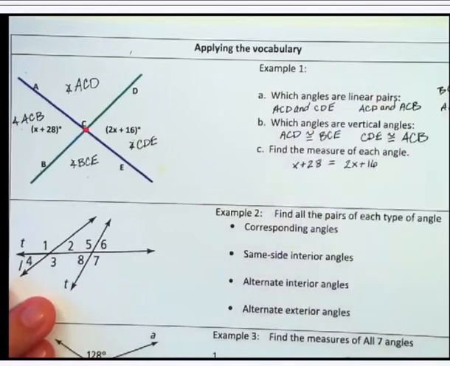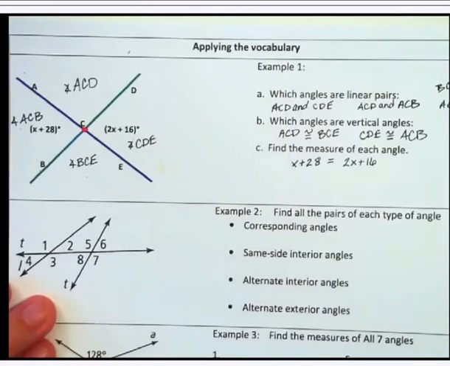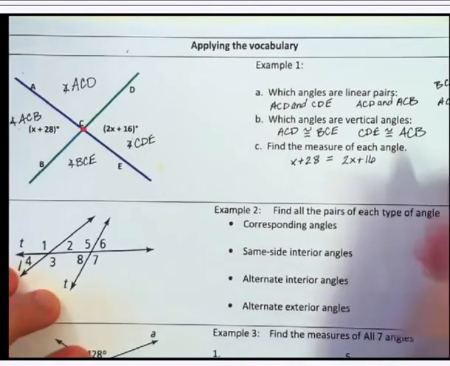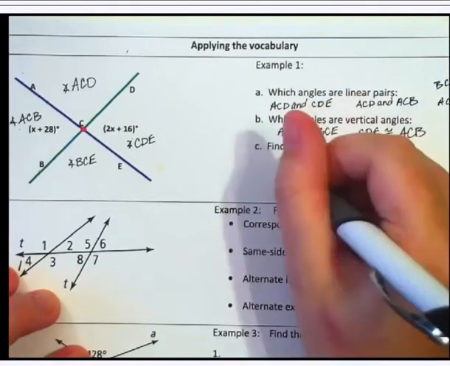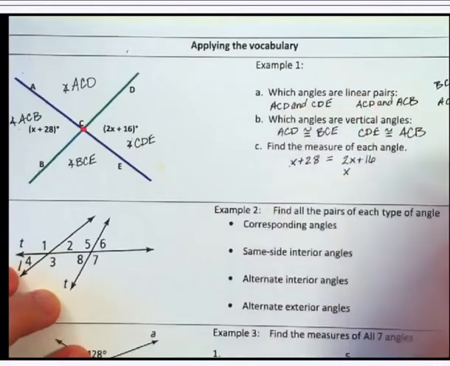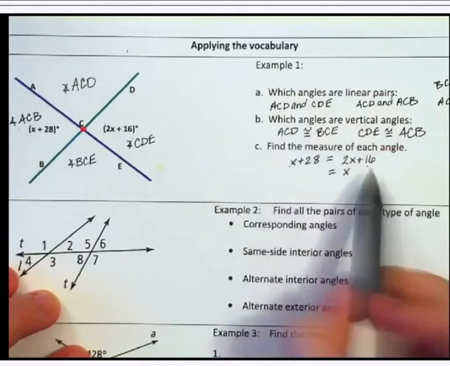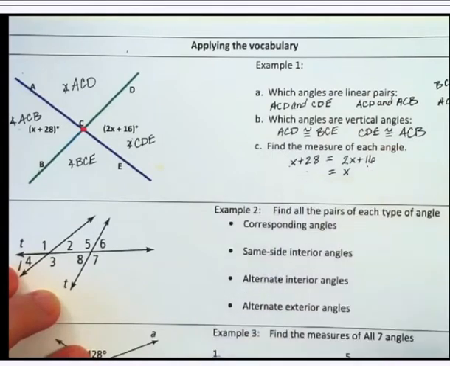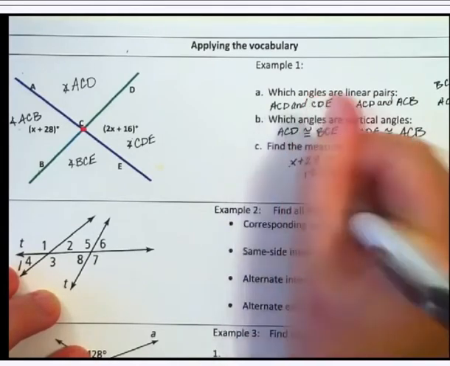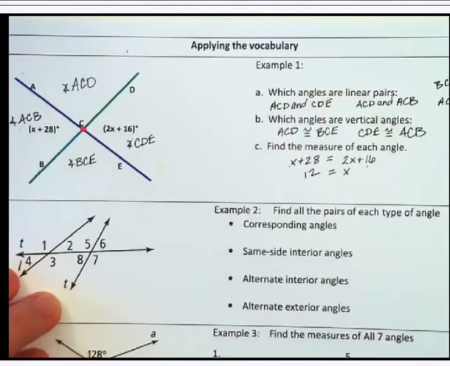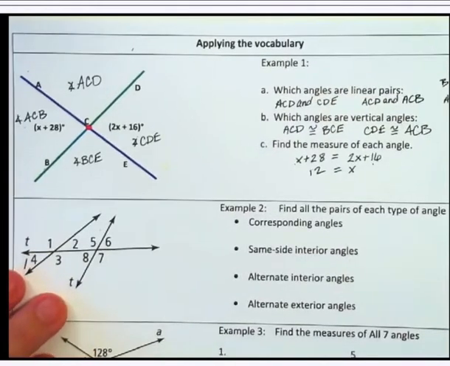And now I need to solve for x. So I'm going to subtract this x over, and I'm going to subtract this 16. 28 minus 16 is 12. Okay, so I found the value of x.